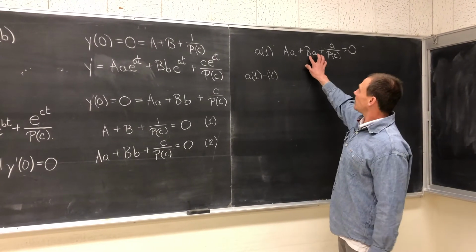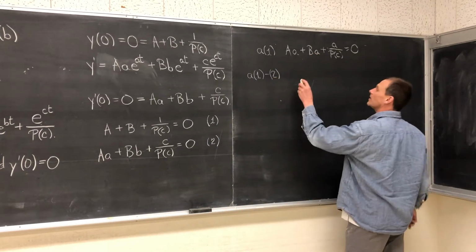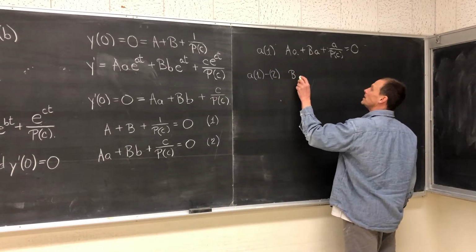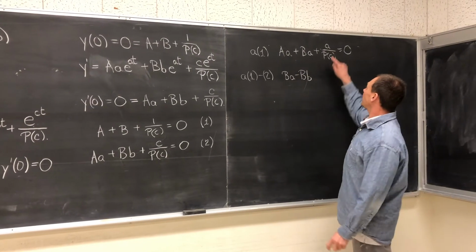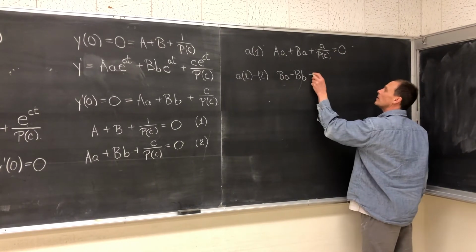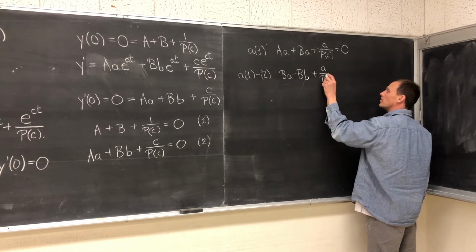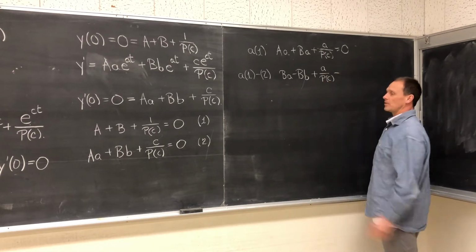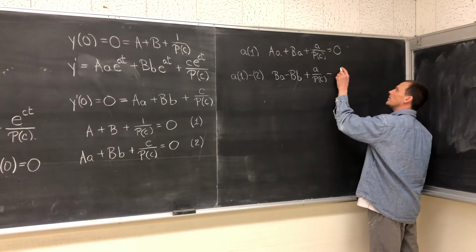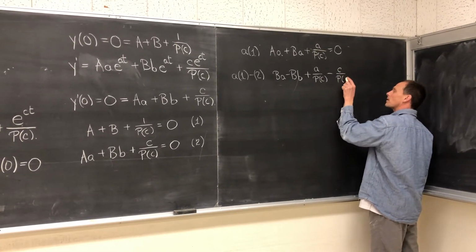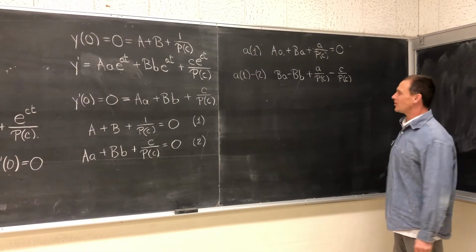Then I have a ba here, and I'm going to subtract this, so that's going to give me ba minus bb, and then I have here a over p of c, so plus a over p of c, and I'm going to subtract from it c over p of c.